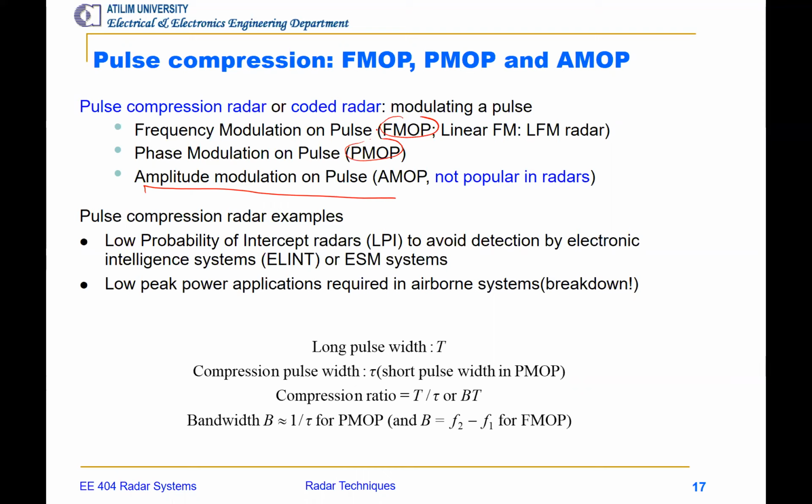Most LPI, low probability of intercept radars, are based on the use of pulse compression. They are quite difficult to detect by electronic intelligence or electronic support measure systems because they use very low power and spread the power over a very wide band, sometimes on the order of gigahertz.